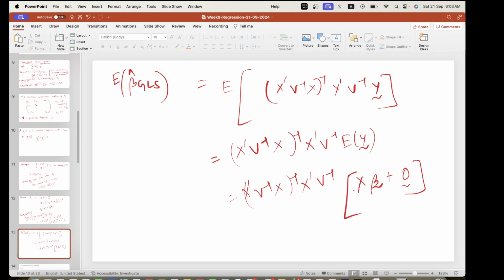So this part and this part will cancel and we'll have beta. So beta hat GLS is again unbiased for beta.